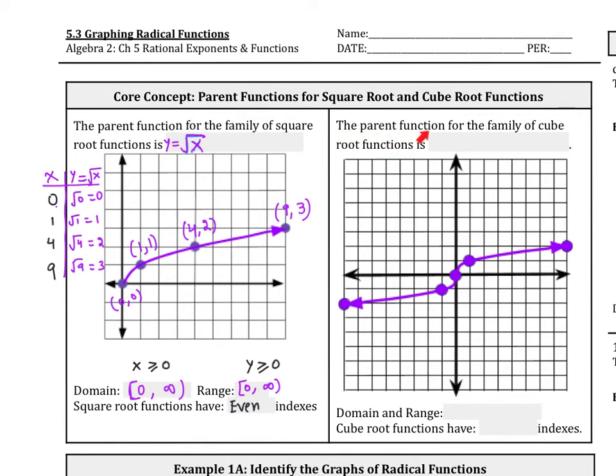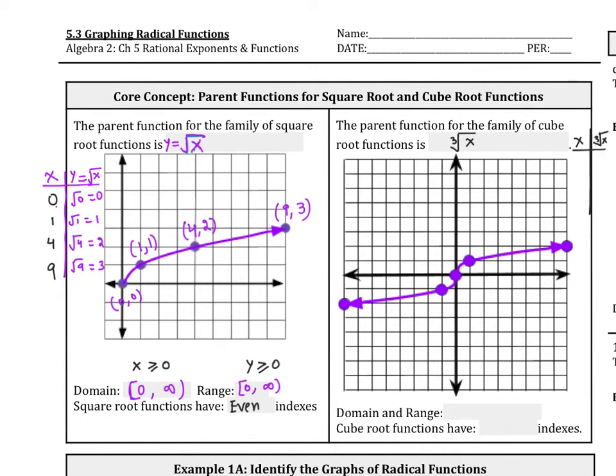Next, the parent function for the family of cube roots is cube root of x. We can make sure that these are the right points of the cube root function. We can make a table of values where you're going to assume the x values and find out the cube root of x.